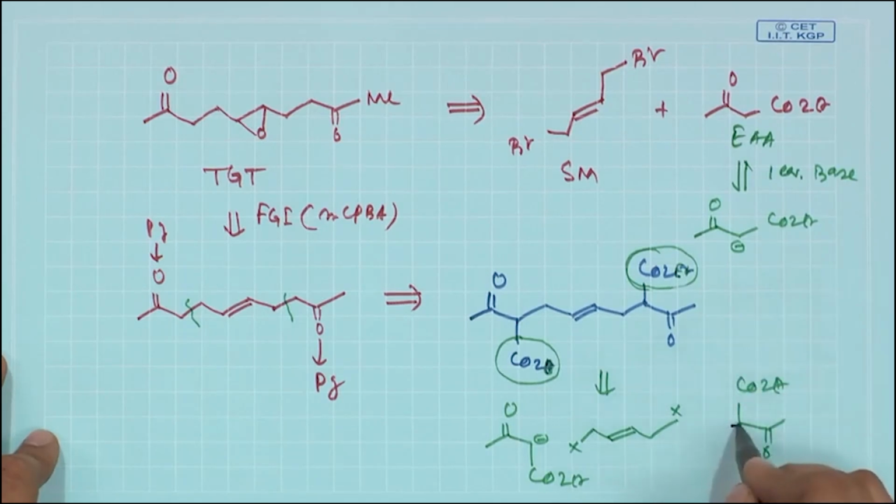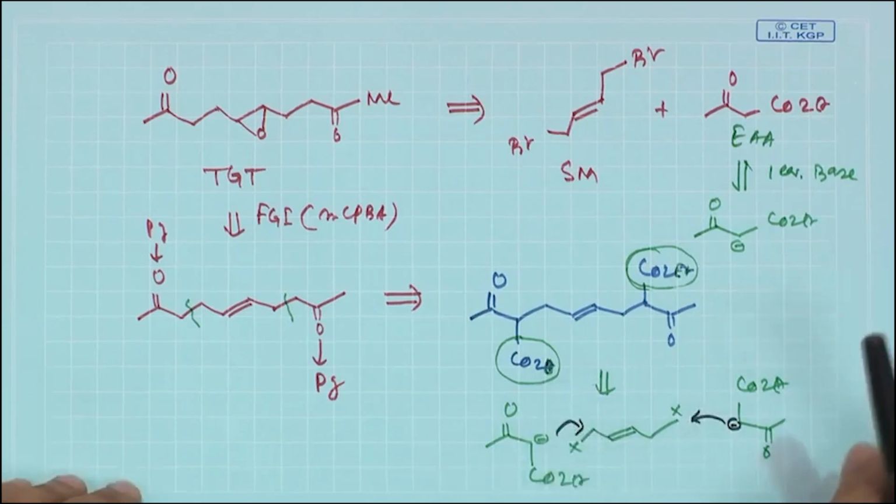So, we say this minus and this minus will react in a normal alkylation mode, and basically you can get this target, but en route we have to make sure proper care is taken of this protecting group. So, this protecting group you need to be very careful.